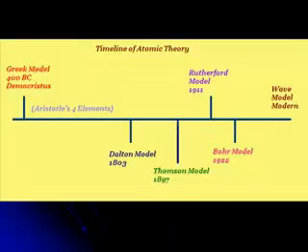So here's a timeline, and we can see that here we had Democritus, way back here, and then up until Dalton in 1803, they had the whole air, fire, water, and earth model. And Dalton, which we'll talk about in just a second, was the one that basically brought in Democritus's model.